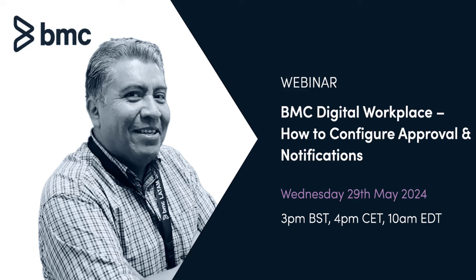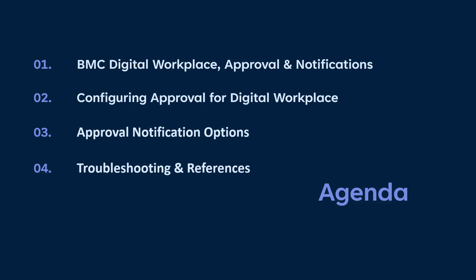In this webinar, we will take a look at the approval selection and configuration in Service Request Management to Digital Workplace. The agenda for today will start with an overview of BMC Digital Workplace and approval notification. Then we will talk about the approval types. We will do a demo of this.